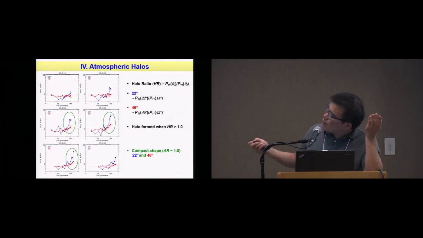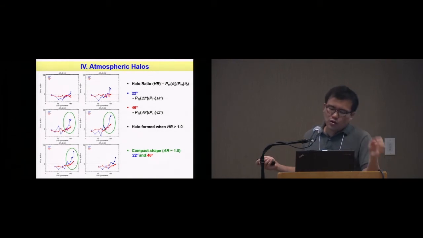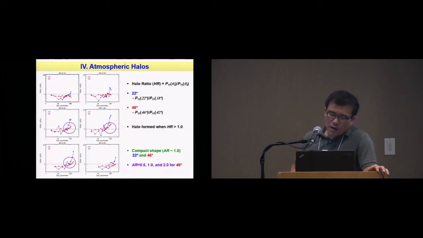In each figure we show the 6 different aspect ratios, and only crystals with aspect ratio close to 1.0 can produce these 46 and 22 degree halos. Only the compact shape produces the 46 degree halo, and other ice crystals, for example an aspect ratio of 4.0, cannot produce the 46 degree halo.